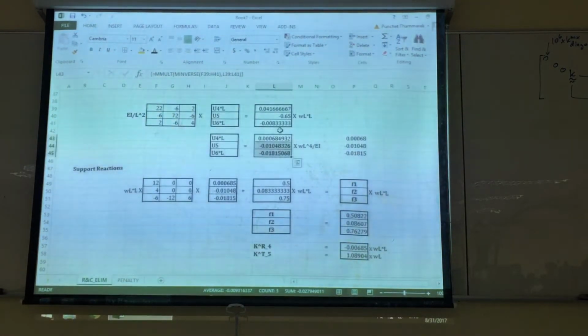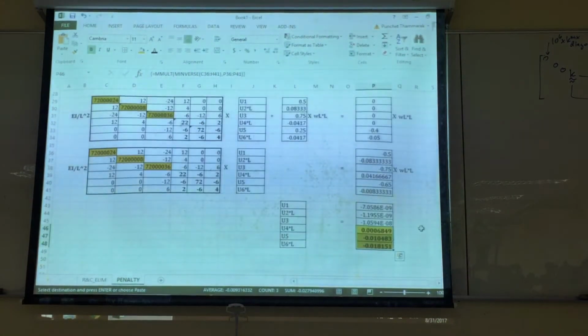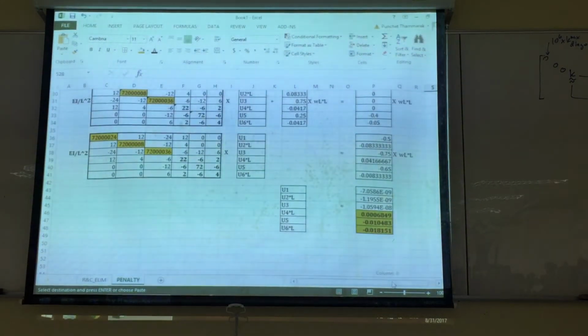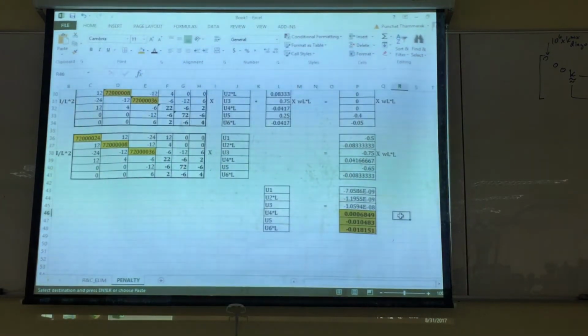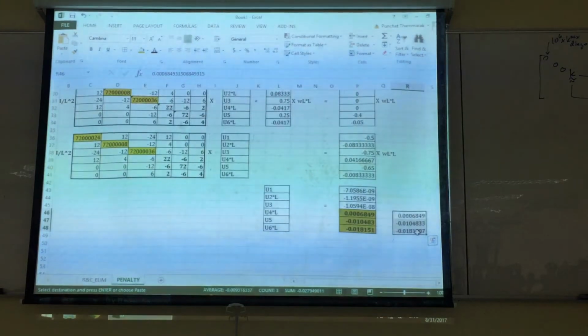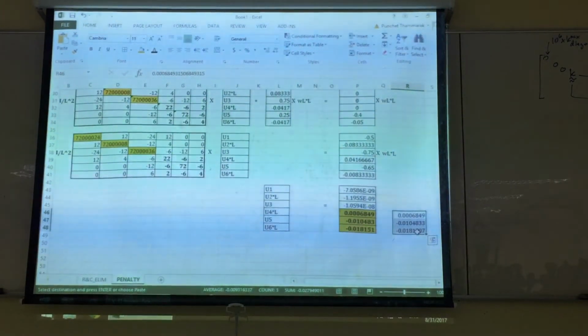And I just copy the value and then paste it there side by side. I need value. Not bad. Just a little bit difference. So one is from the row in column eliminations and another one from penalty methods. Work for both.